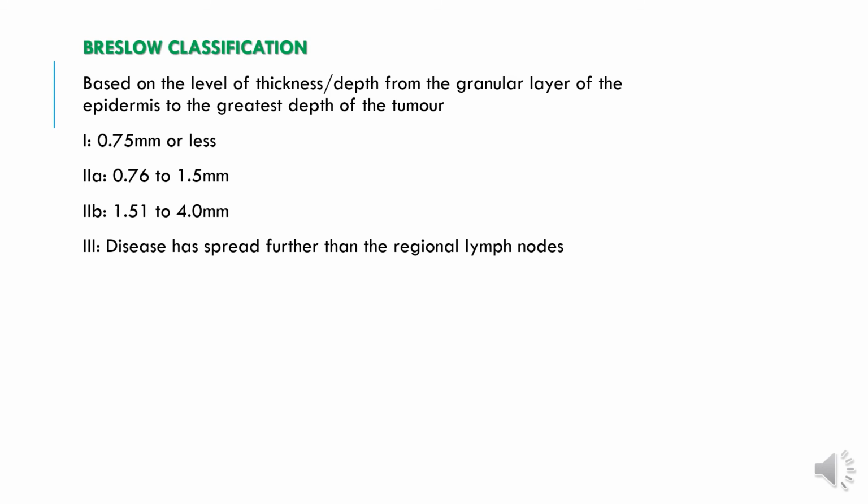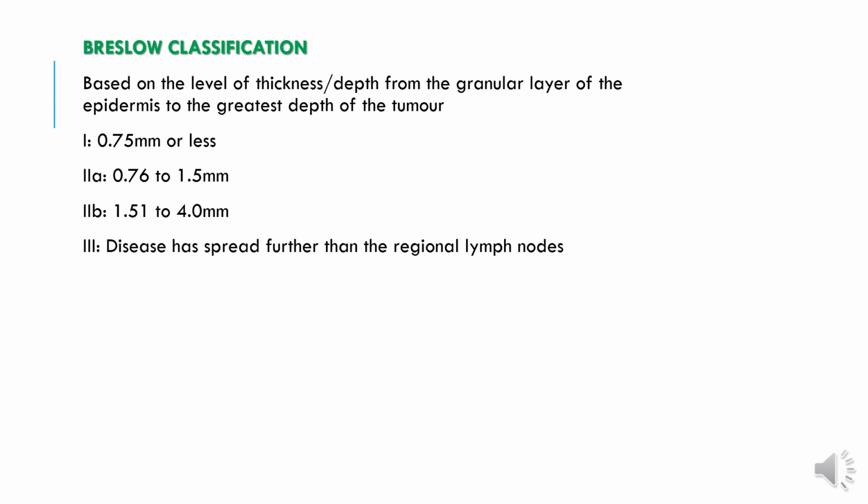So when it is 0.75 millimeters or less, it is 1. Then 2A is 0.76 to 1.5 millimeters. 2B is 1.51 to 4 millimeters. Then 3 is disease that has spread further than the regional lymph nodes.